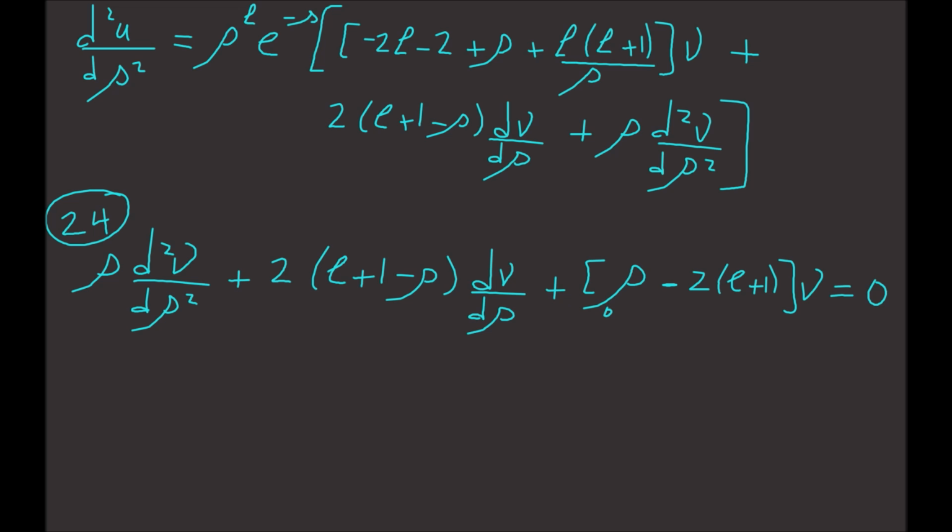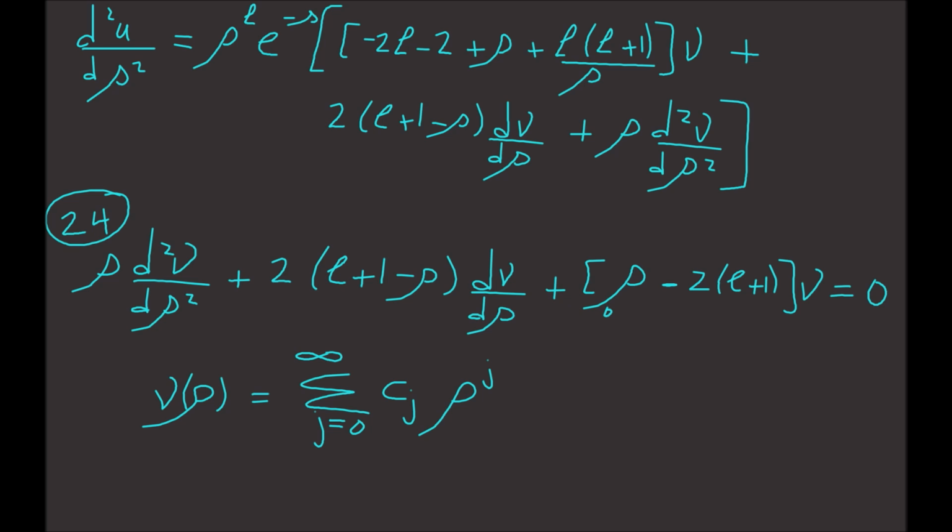So I'm going to claim the solution to be a power series. I'm going to assume the solution to be nu of rho equals the sum over some dummy index j, starting from 0 all the way to infinity, of c sub j, some constant, times rho to the j.